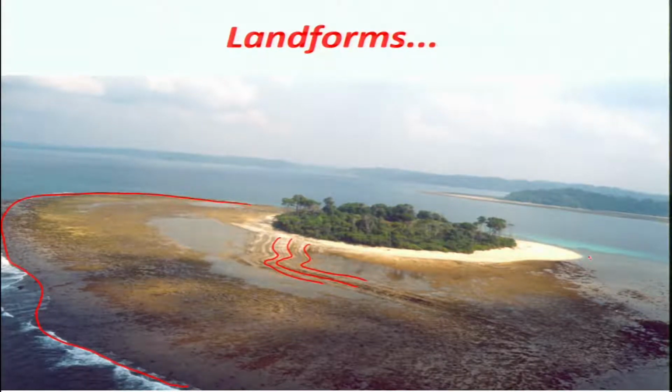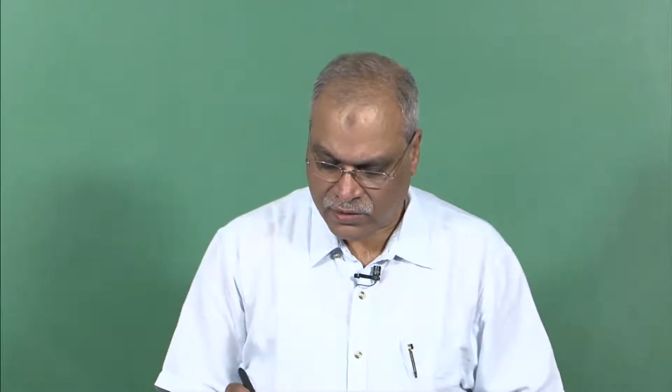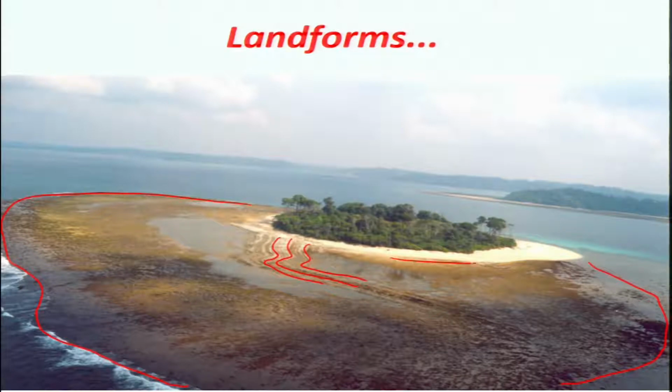Now, if you look here, I am putting the boundary edge. This is an area where the water is not inundating. This is a portion of the coral reef. This coral reef emerged at the time of the earthquake. The third landform you see here is this bright portion encircling this small island, which we call the beach.